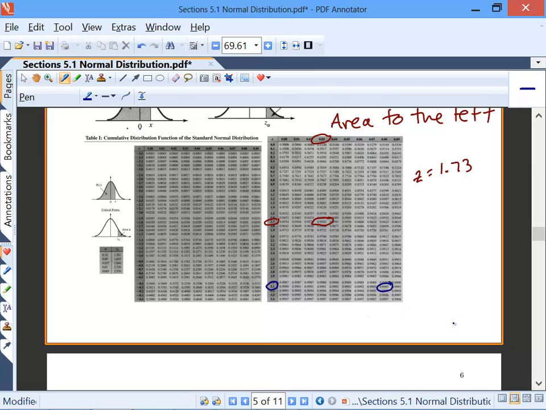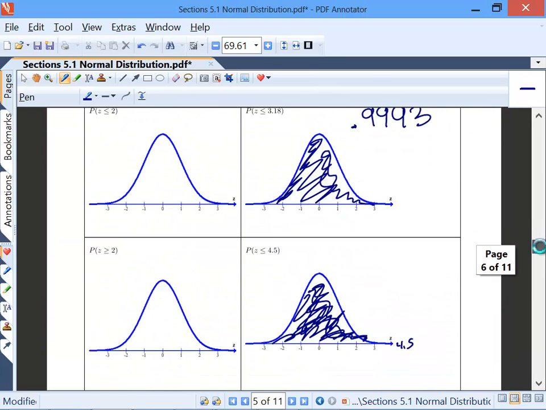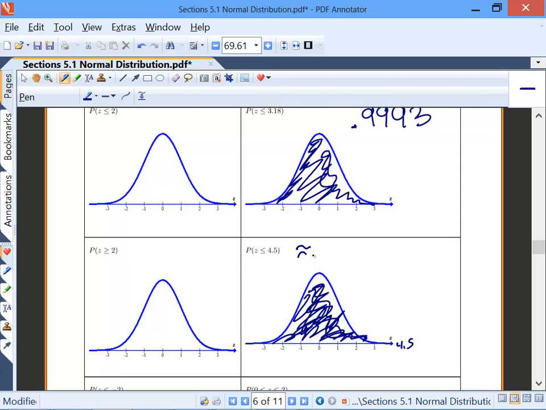Okay, and so 4.5 is going to be somewhere way over here. So that probability is going to be very, very close to 1, even more so than 0.9998. And so I usually just say approximately 1. Okay, and that's going to be close enough for all of our intents and purposes.